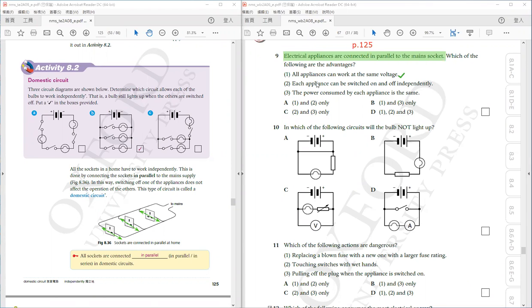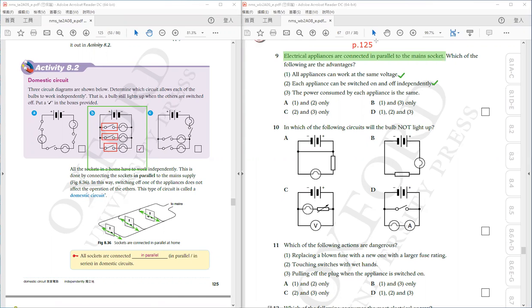Okay, statement 2. Also correct. Each appliance can be switched on and off independently, like switch number 1, switch number 2, and switch number 3.